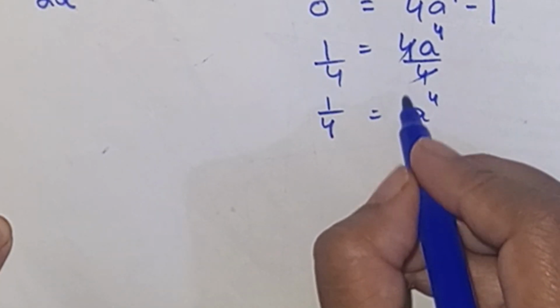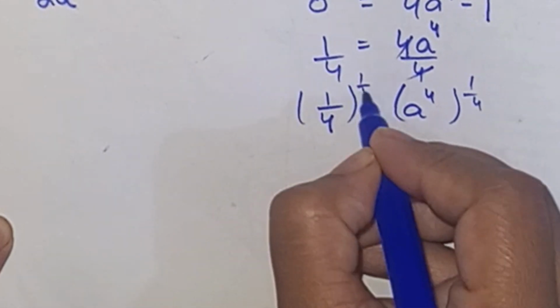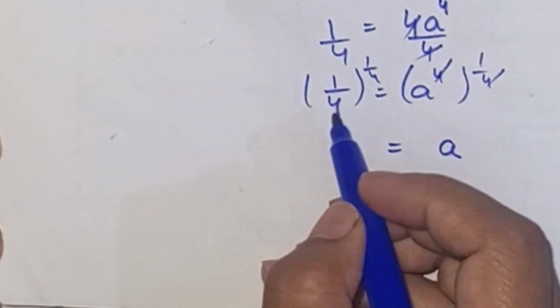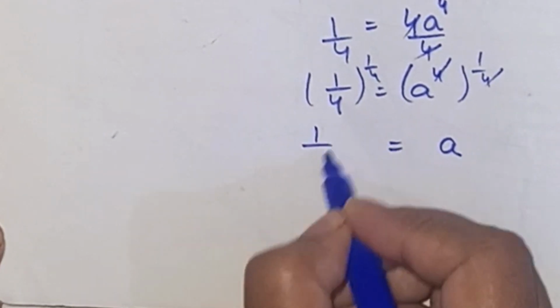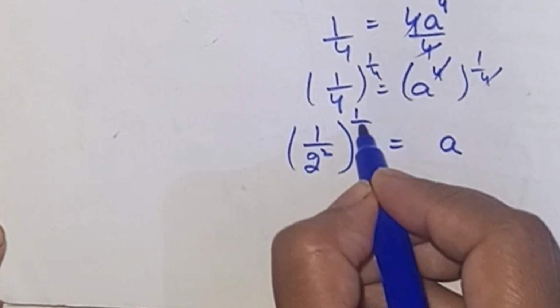And we take the power 1 over 4 on both sides. So the 4 and 4 will cancel. Here we just get a. And we write this 1 over 4 as (1 over 2 squared) whole raised to the power 1 over 4.